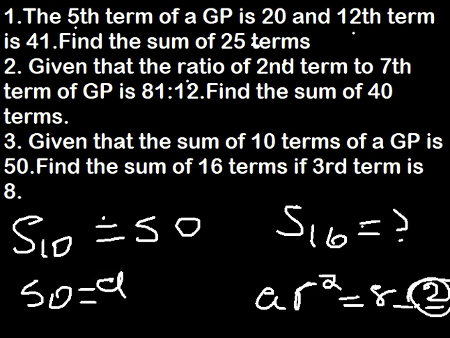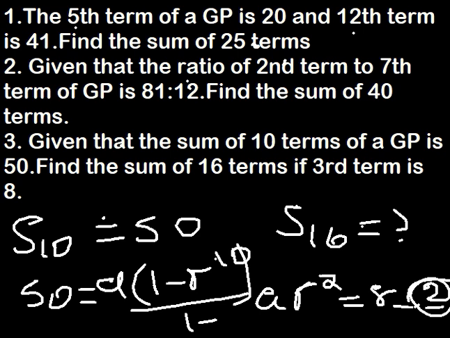So have the first term, a, times 1 minus r to the power n, which is 10, divided by 1 minus r. In this case, you'll have this as the second equation, and thereafter you have the common ratio as well as the first term, where you'll be able to have the sum of 16 terms. So try to have that.